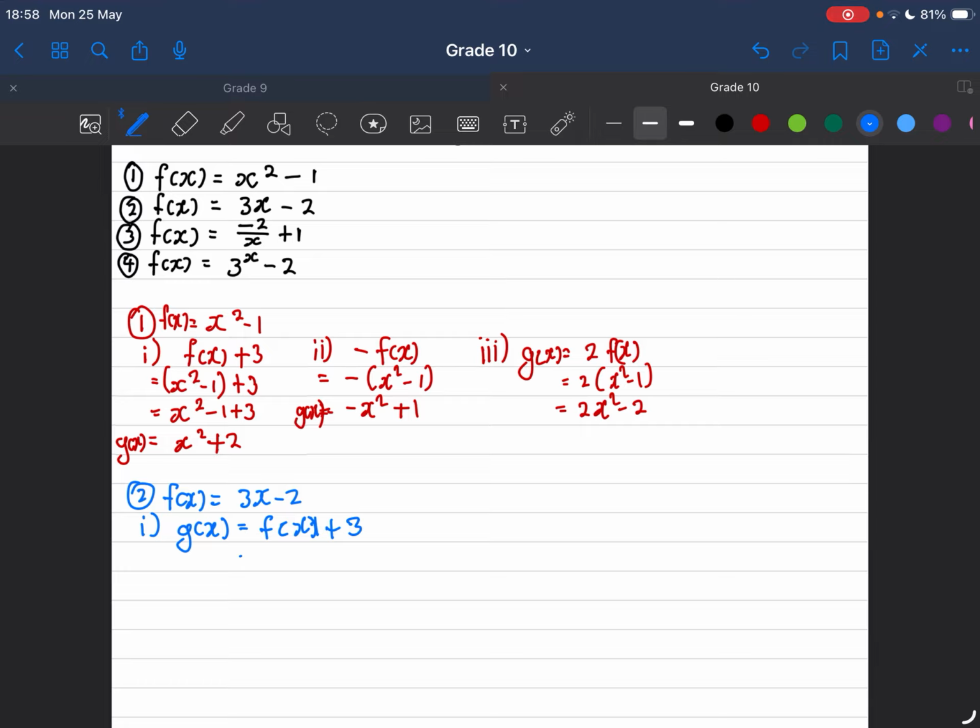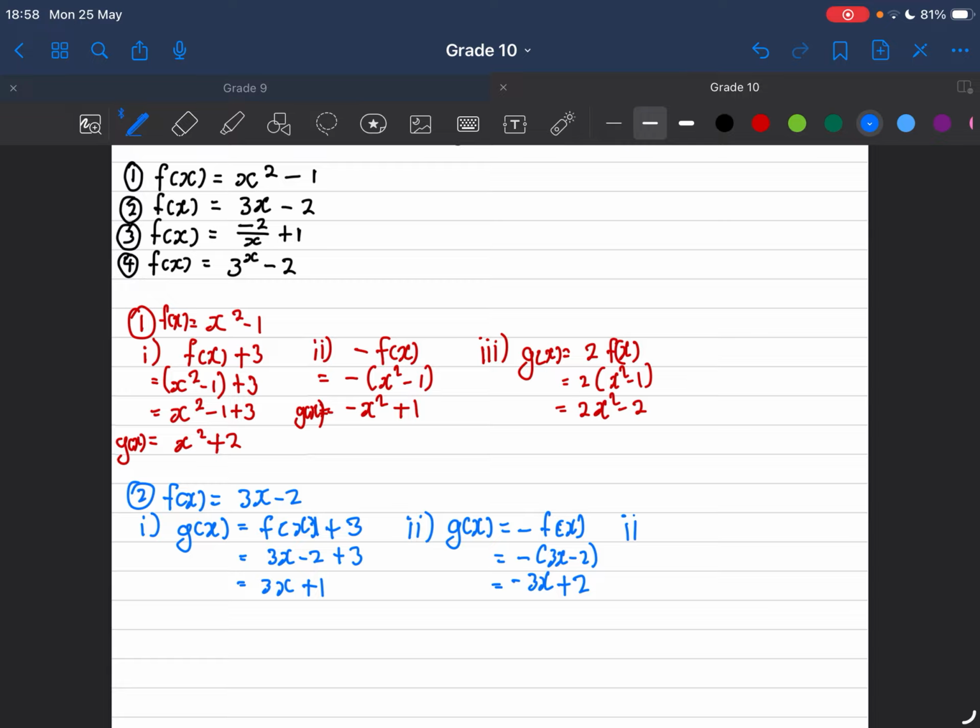We're moving it up by 3 units. So I'm going to say 3x minus 2 plus 3, which is 3x plus 1. And that's my g of x function. For the second one, I want to do g of x is equal to negative f of x. So it's equal to negative into 3x minus 2. So it's equal to negative 3x plus 2.